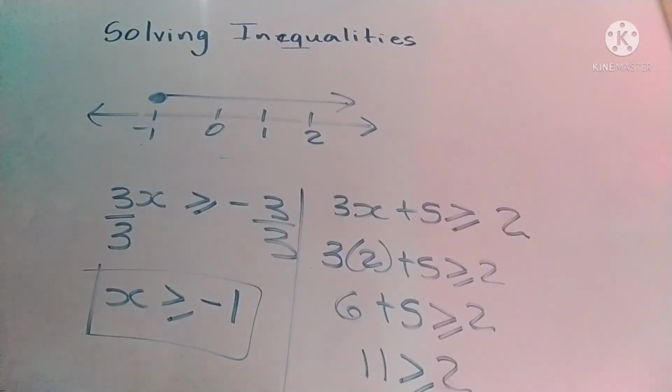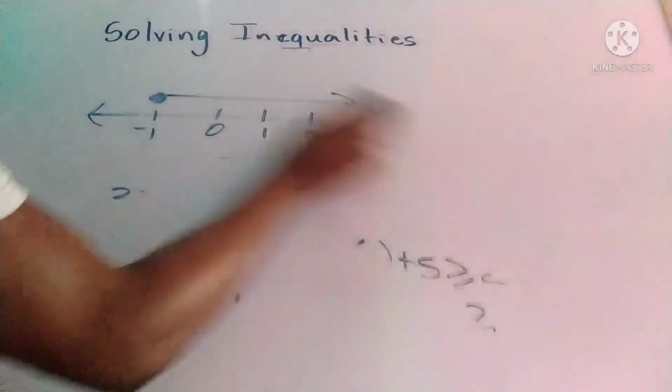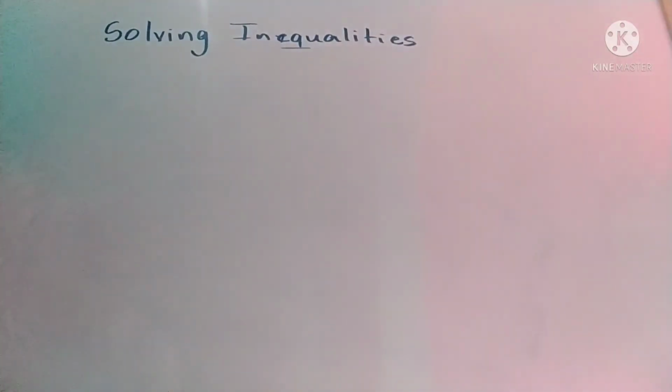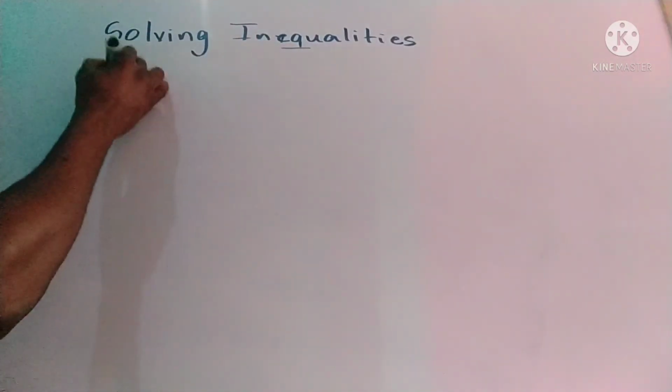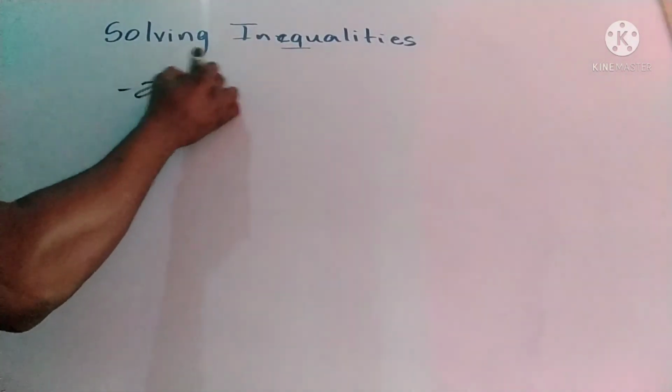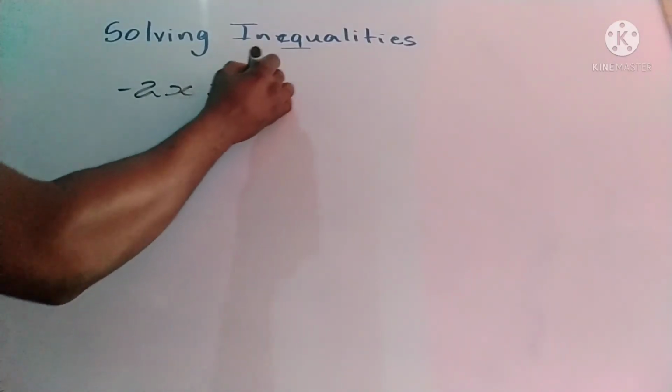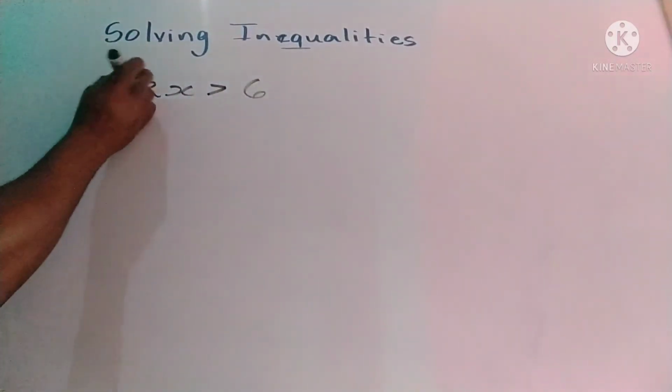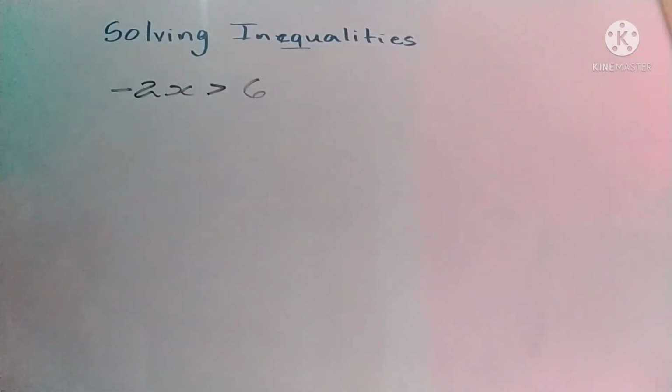Let's look at the one thing that is different. The one thing you do differently with inequalities is that you flip the sign if you multiply or divide throughout by a negative number. For example, let's say we find ourselves with negative 2x is greater than 6.